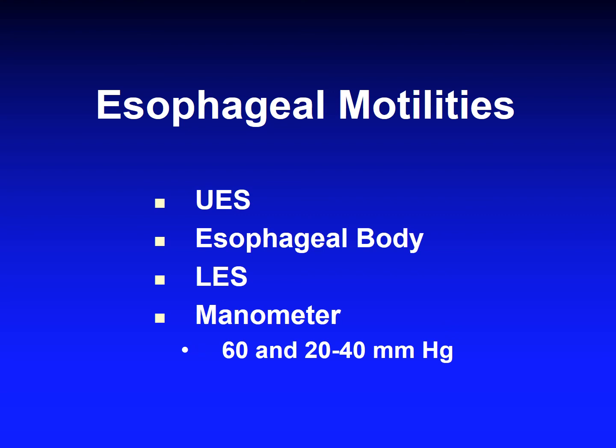The way we can measure these primary and sometimes secondary peristaltic movements in the esophagus is through a measurement by manometer. The measurement will be between 20 to 40 millimeters of mercury.